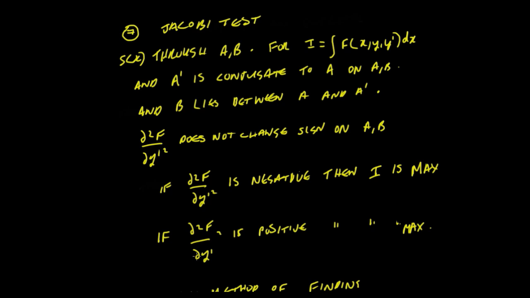And if partial squared f by partial y derivative squared is positive, then that value should be a minimum.